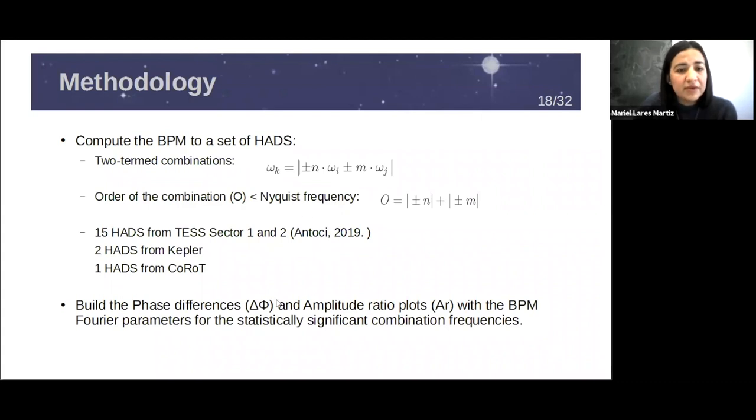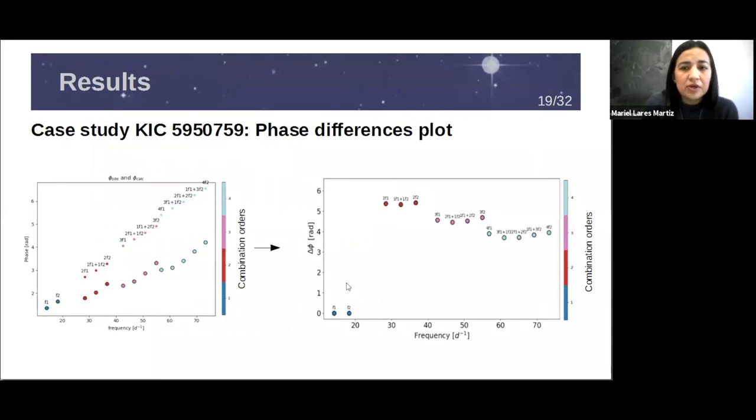So we build the phase differences and the amplitude ratios for high amplitudes. And I'm going to show the results for a case study so we can understand the plots that we're going to analyze from now on.